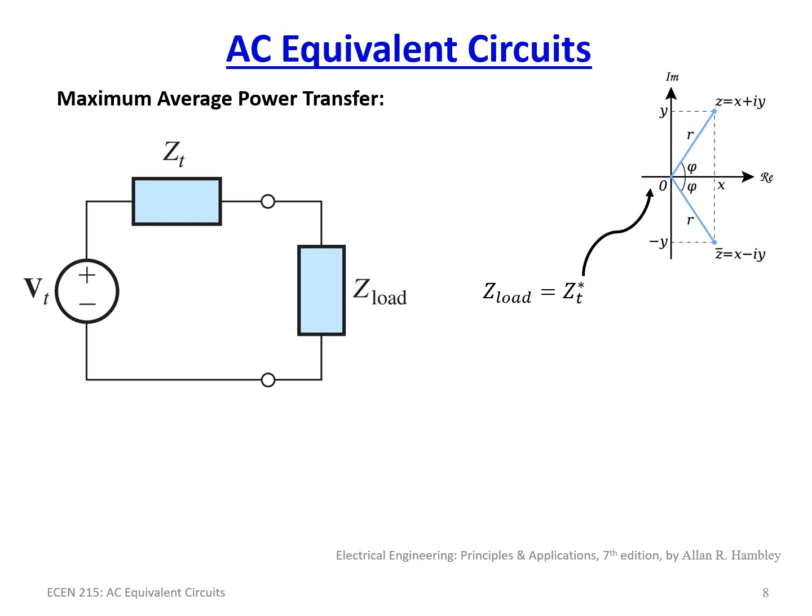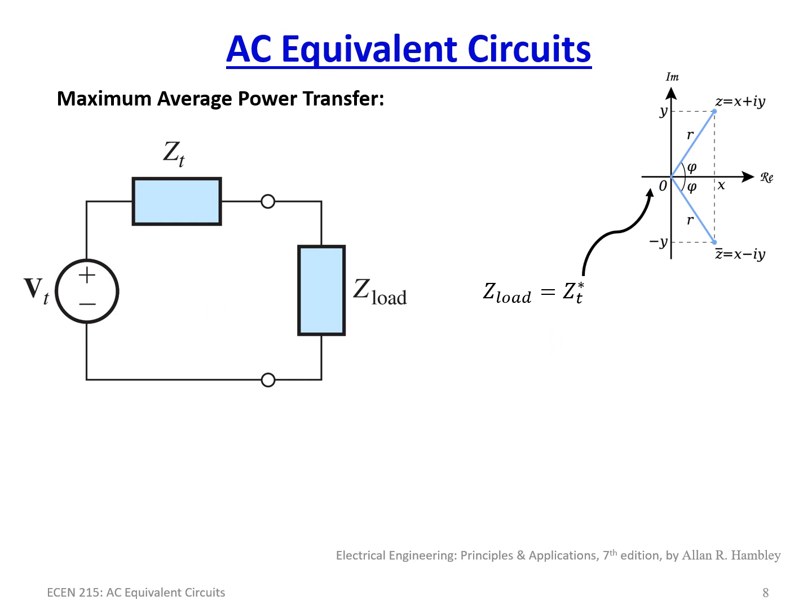If ZT was 5 with a phase angle of 10 degrees, then Z load would be 5 with a phase angle of minus 10 degrees. So you're just flipping the imaginary component, flipping the angle. That's all you need to know for finding the load to match that.